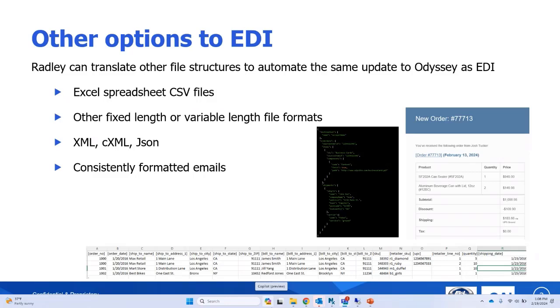As long as you can agree on a certain set of the way a file will look, or a consistently formatted email like this, we can take that data and translate that into Odyssey.